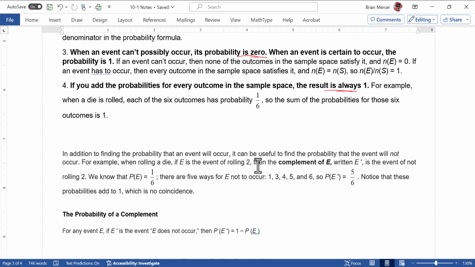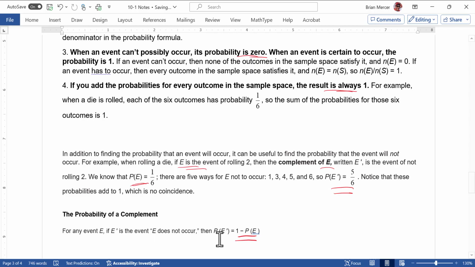If you know the probability of an event E, then the probability of its complement is 1 minus that probability. So in other words, the probability of rolling a 2 is 1/6. If there are then 5 ways to not roll a 2, notice that probability is 5/6, and they add up to 1.